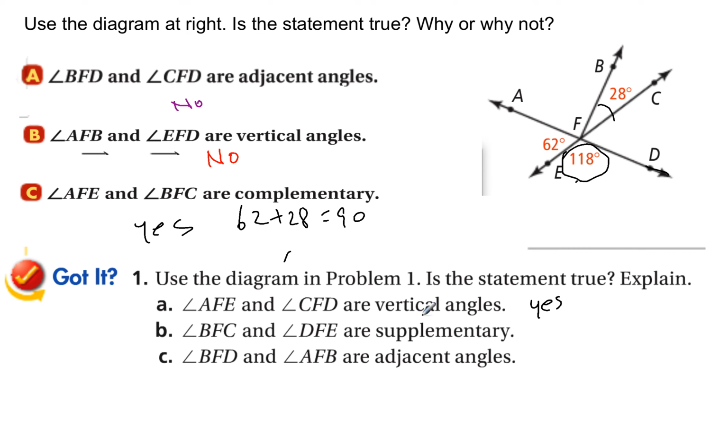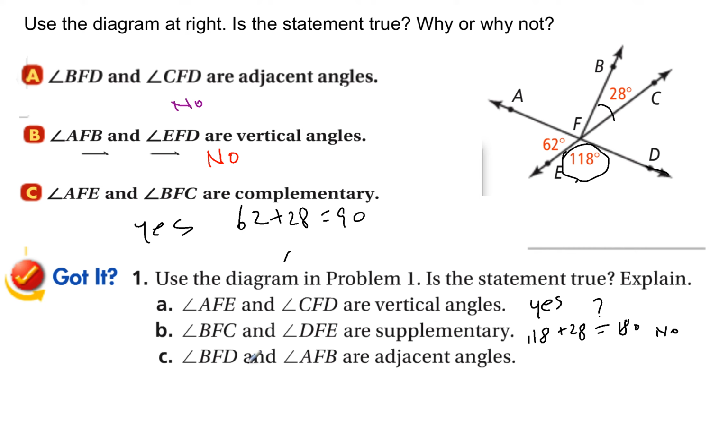Are they supplementary angles? Well, two angles are supplementary when their sum is equal to 180. The question is, 118 plus 28, is this sum equal to 180 degrees? And we can see that it is not. It is actually 146 degrees. So the answer is no for number 2.